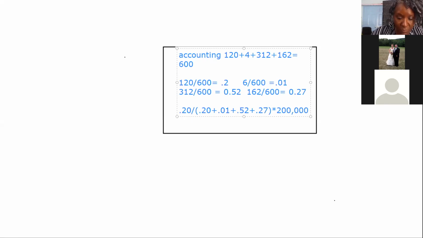I'm going to do this off the screen and I'll put the answer. So I add 0.20 plus 0.01 plus 0.27 plus 0.52 together, and I divide 0.20 by that sum, times 200,000.